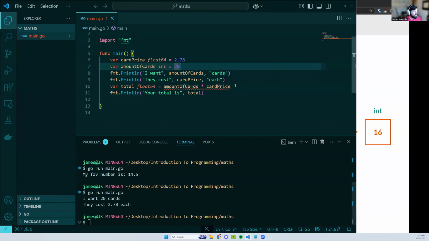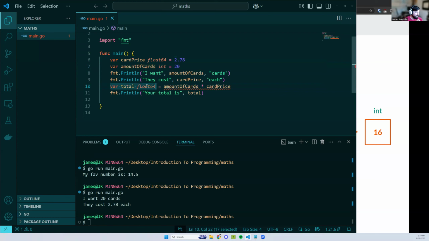If you have different types, we need to change them if we want to put them together, right? So what I can do is say, hey, I know card price is a float. For this calculation, I want it to be an int. And I guess I would go the other way, right? I want the card price as a float and the amount of cards is an int. So I want this to be a float.